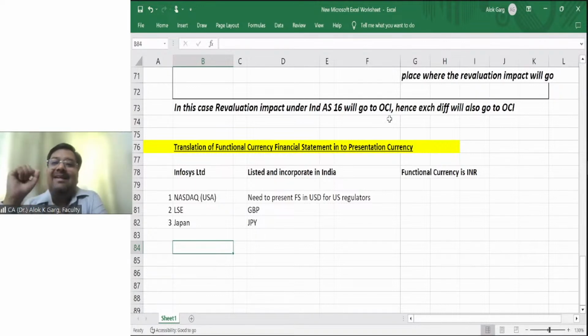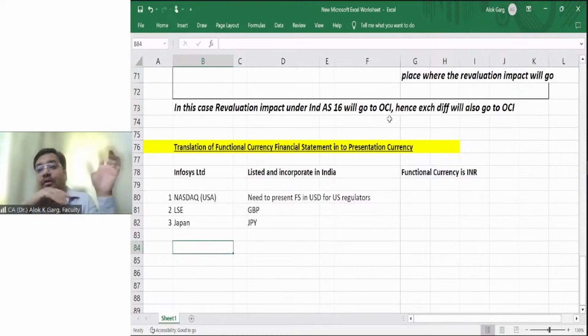Since I got listed in Nasdaq, I need to file my financial statement for US-based regulators too. This US-based regulator will require my financial statement in dollars, not INR. So having the functional currency as INR, I need to restate my entire financial statement into US dollars, right? But under concept number 1, translation of foreign currency transactions, there is no foreign currency transaction.